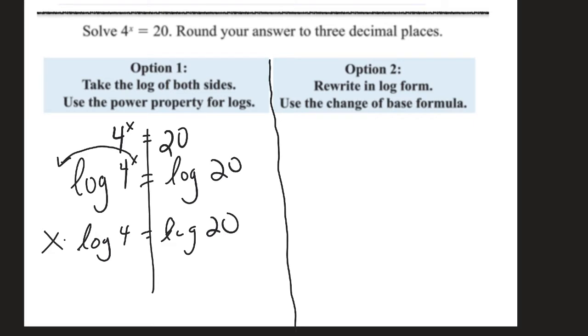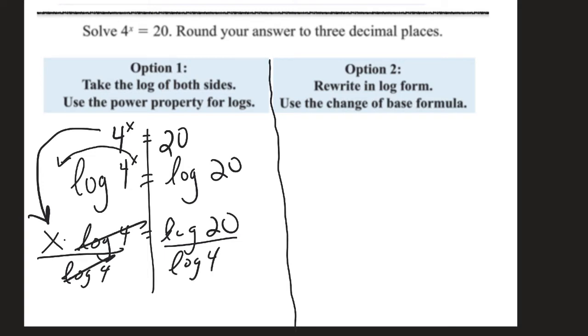Now, I did this in 2 steps, but you don't have to do that in 2 steps. You could have jumped from the first step to the second. Now I can get x alone because I can divide both sides by the log of 4. Cancel it on the left.